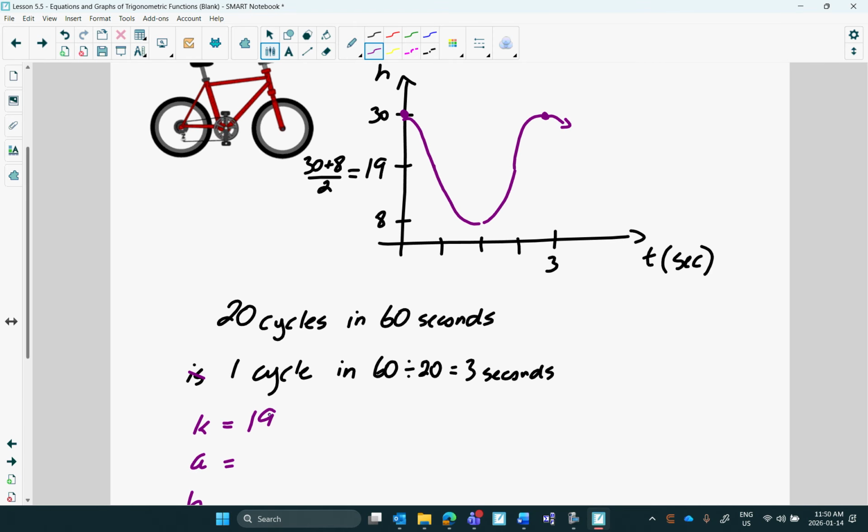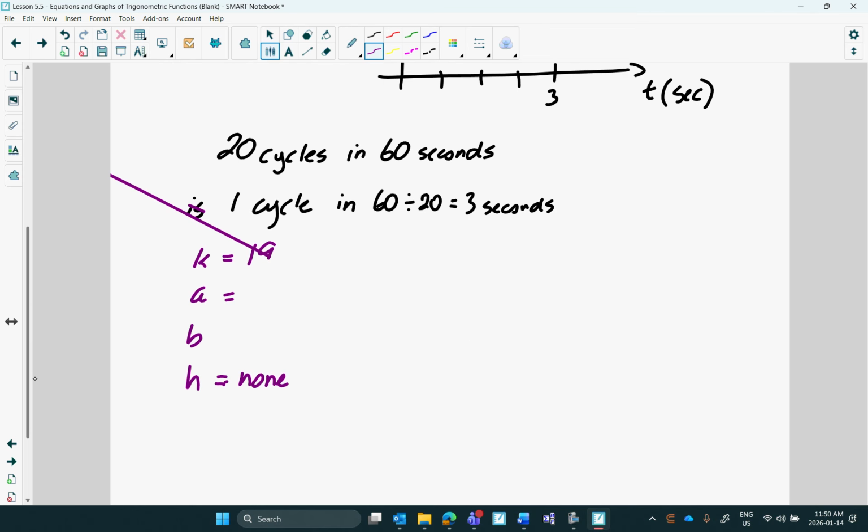Well, just find the difference between here or the difference between here. 11. B is 2 pi divided by the period. And because we went in seconds, the period is 3, so it's 2 pi over 3.